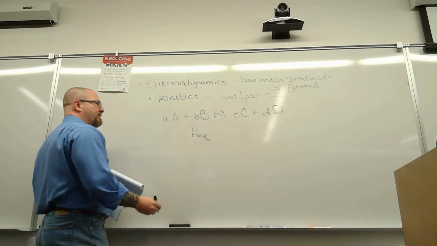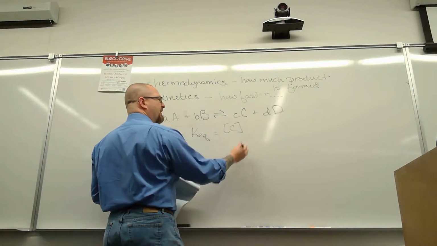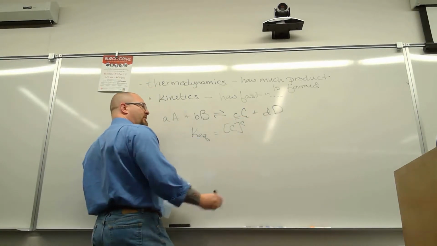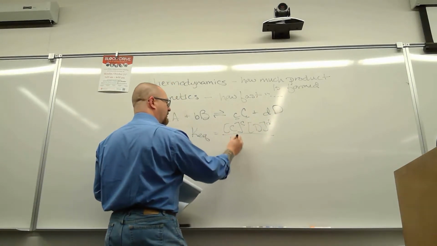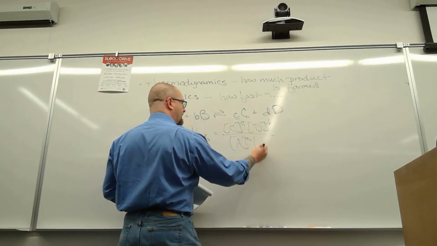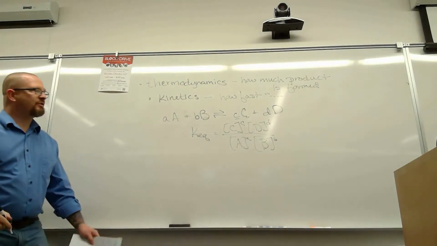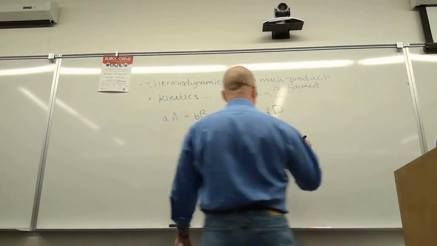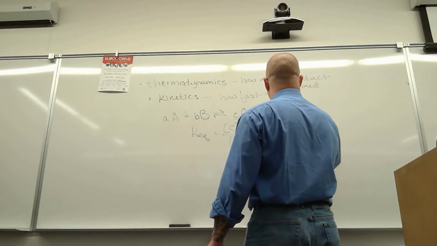The equilibrium expression for this is going to be the concentration of C raised to the small c power, concentration of D to the d power, over A to the a and B to the b. And this really is just an adjusted ratio for molar equivalents of products over reactants.